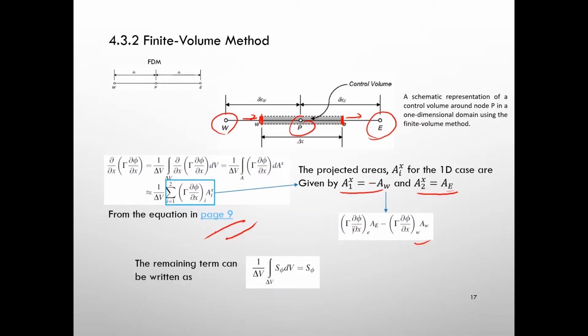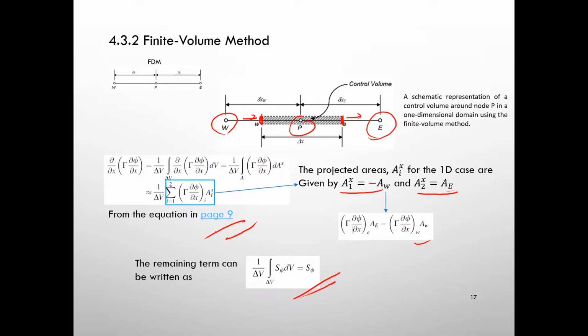If it goes in, it must go out somewhere. Since this is only one dimensional, it has only one entrance and one exit. So one of them must be positive, one of them must be the opposite sign. The remaining terms other than these can be written as the source term.